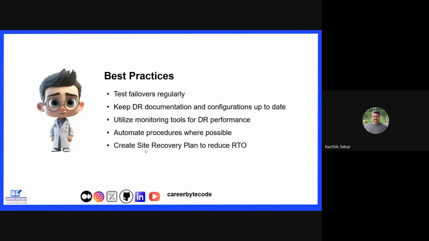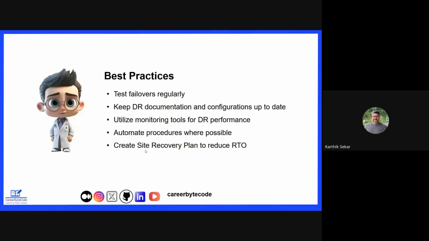And then create a Site Recovery plan to reduce the RTO. As I explained, RTO and RPO are very crucial. When we create a plan, we can execute a failover for a group of virtual machines, which will reduce a lot of time.